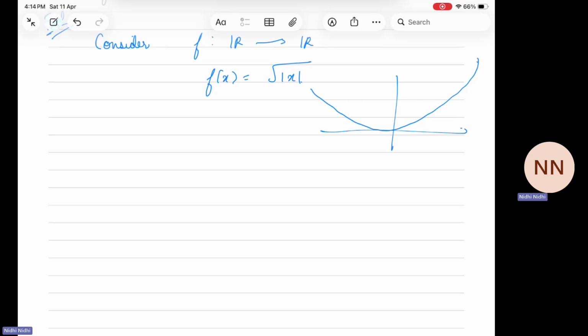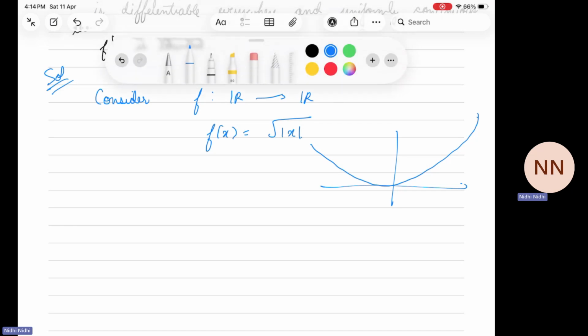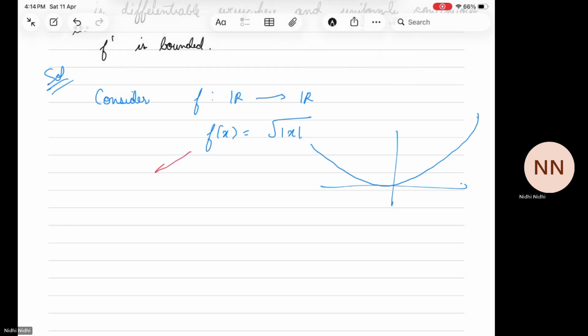As x extends to infinity, yeah, that would be a good exercise. Even I'll have to check. For any bounded domain, clearly this is uniformly continuous. And when we talk about infinity, we do not know.